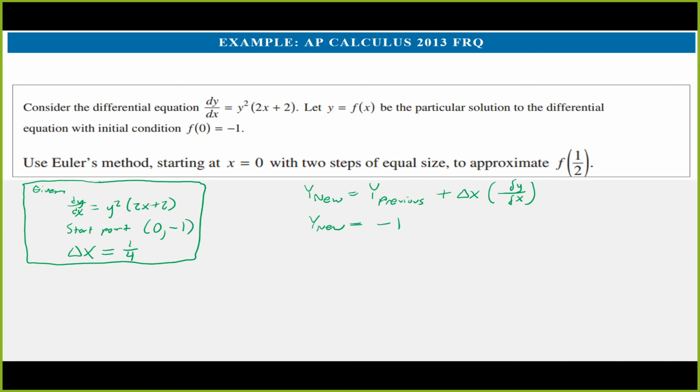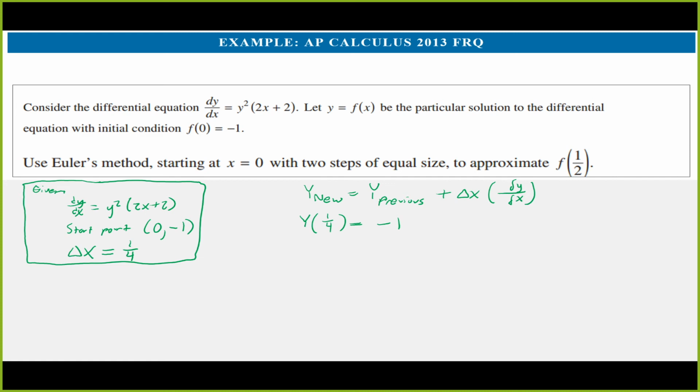So what we're really looking for here is our new y value after one step size. If x was 0 and one step size is 1/4, then what would my new x value be? Yep. Our original x value was 0. Our change in x is 1/4, so what should our new x value be? 1/4. So I'm looking for my y value when x is 1/4.